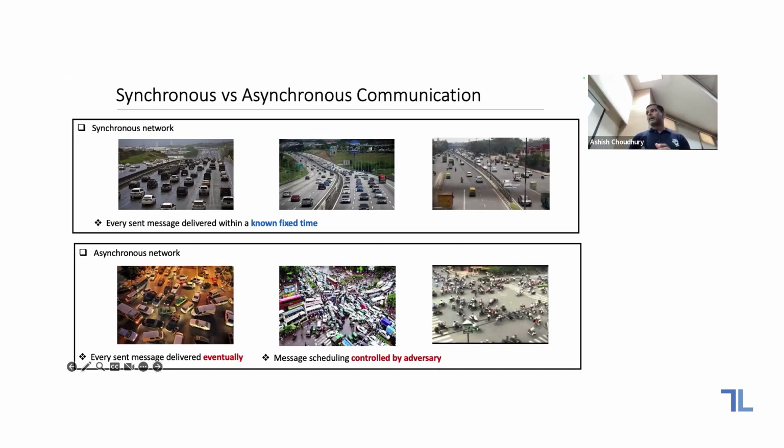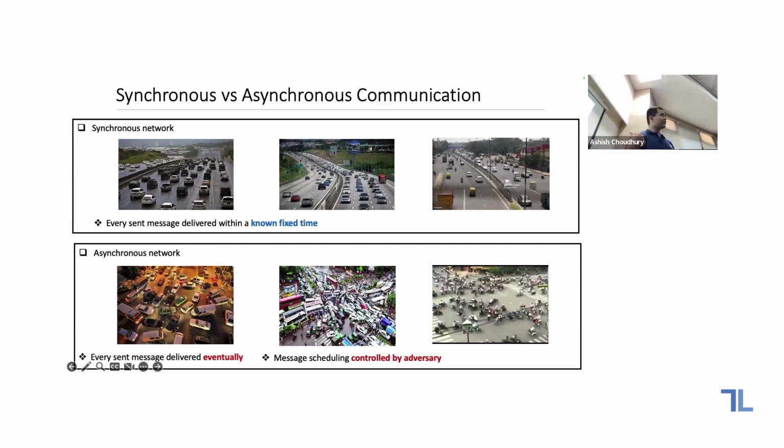In fact, it can be shown that in any asynchronous MPC protocol, you cannot take the inputs of all the honest parties for computation, because you cannot wait for the inputs of all the parties, and you have to start the computation as soon as you receive a subset of inputs. But in that process, you might be ignoring the inputs of a subset of honest parties. That's always possible. You cannot prevent that from happening.